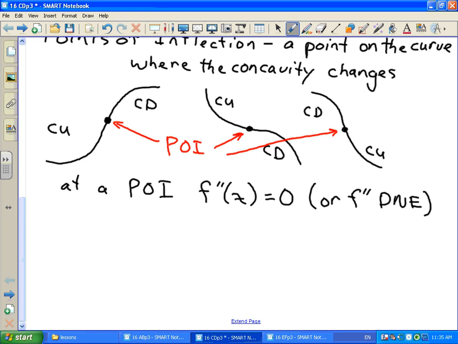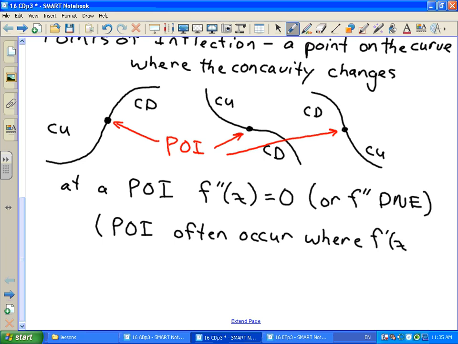Also, I'll just say points of inflection often occur at points where our first derivative is also equal to 0. Okay. So we encountered these when we were looking for critical numbers.